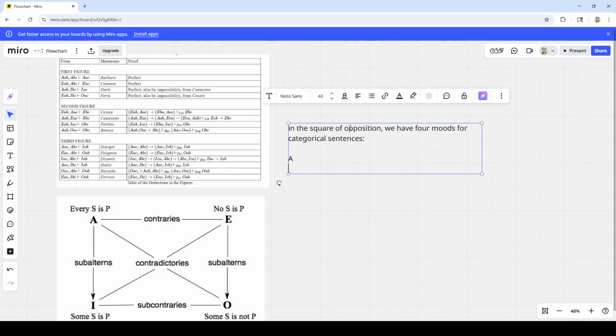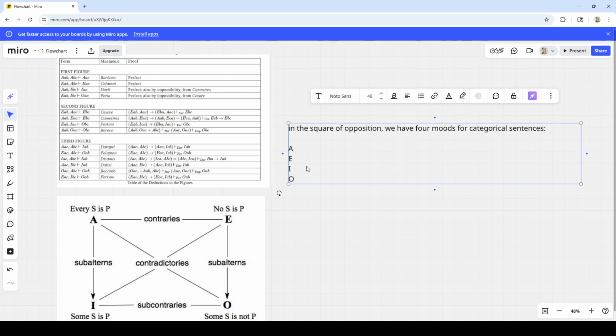So we have A, E, I, O. A represents the universal affirmative, which is every S is P, and an E represents the universal negative, where no S is P. An I represents the particular affirmative because it's just saying some S is P, and an O is the particular negative.